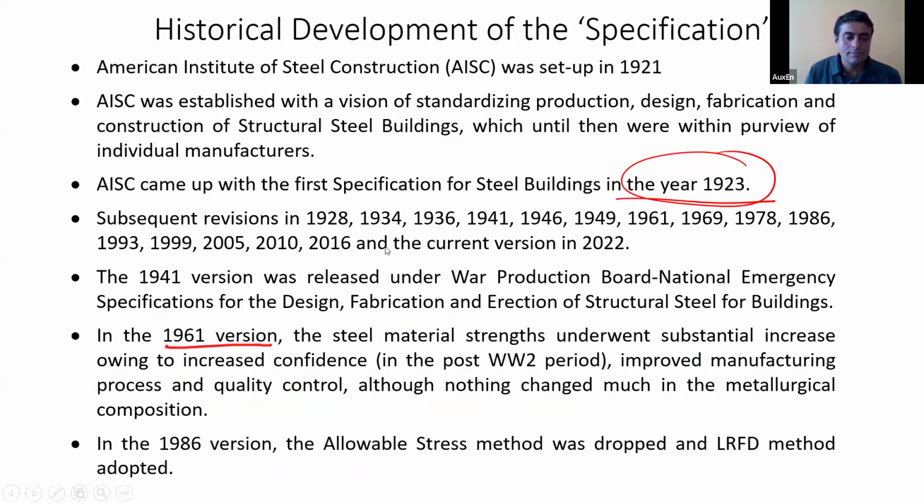Then in the 1986 version. Up till then, the method that was used was the working stress method. In the working stress method, you calculated the allowable stress and limited your section to those stress levels or below. So till the 1986 version, it was the working stress based method, or what is called the allowable stress method.